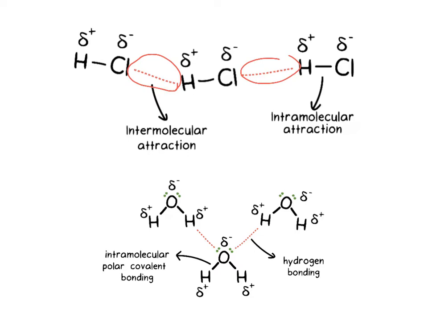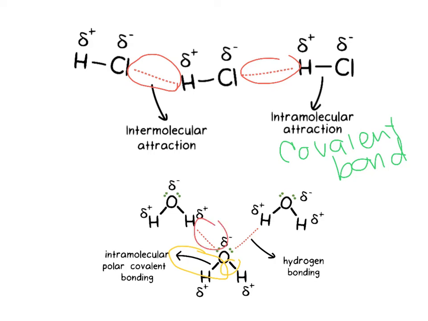The intramolecular forces, in this case our covalent bond, are what hold the hydrogen atom close to the chlorine atom because they're sharing electrons. Then we have our water molecules down here. The intramolecular forces are the covalent bonds, and holding one water molecule close to another is our intermolecular force, in that case, hydrogen bonding.